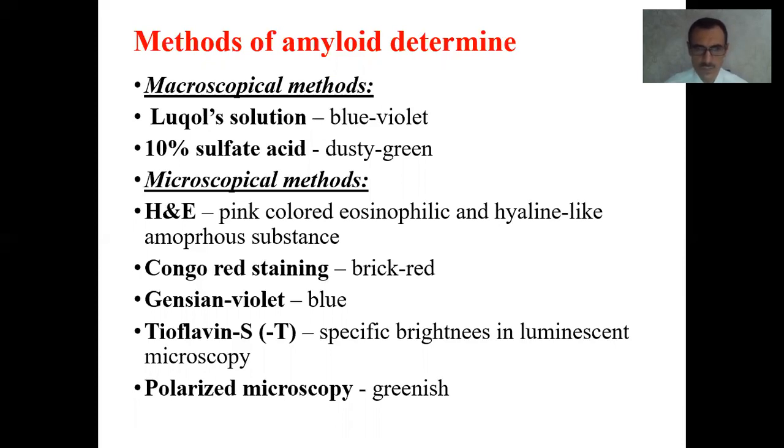We can also use the routine hematoxylin-eosin staining: the amyloid areas are eosinophilic, colored pink, and appear as hyaline-like amorphous substance. Usually we use Congo red staining, which stains brick red. Also, we can use gentian violet, which stains blue. Thioflavin is specific, with brightness in luminescent microscopy, and in polarized microscopy we find a greenish color.